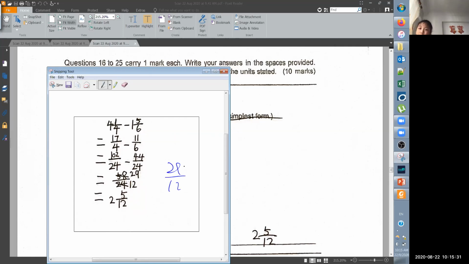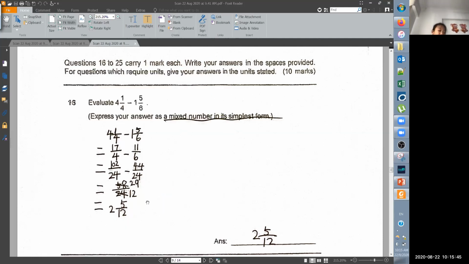So this is not the simplest, so you still have to simplify it further to become this. So this is the final answer, which is the simplest form. They don't have to tell you this, in fact. No need, because you are expected to figure out the simplest form.